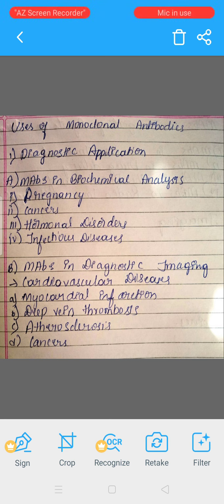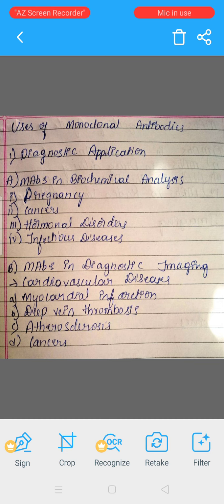This is carried out either by planar gamma camera or single photon emission computed tomography. It is possible to detect the location and the degree of damage to the heart by using radio-labeled anti-myosin monoclonal antibodies. Thus, this technique is useful for the diagnosis of heart attack.